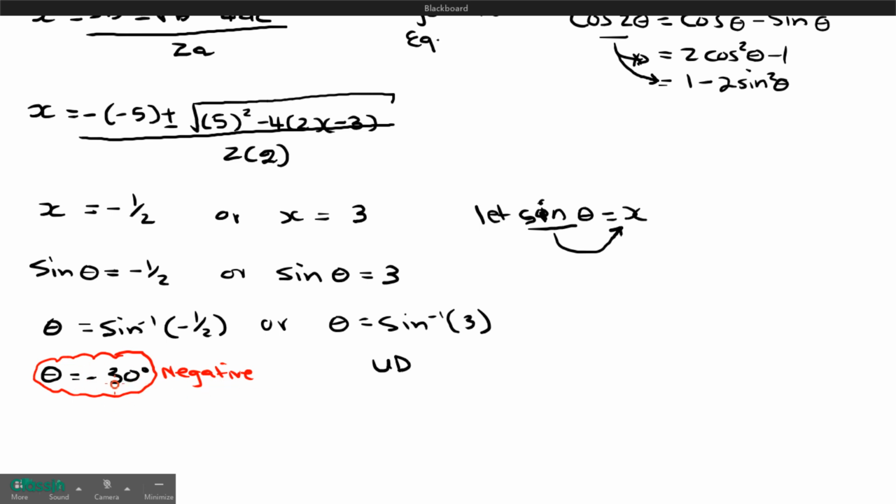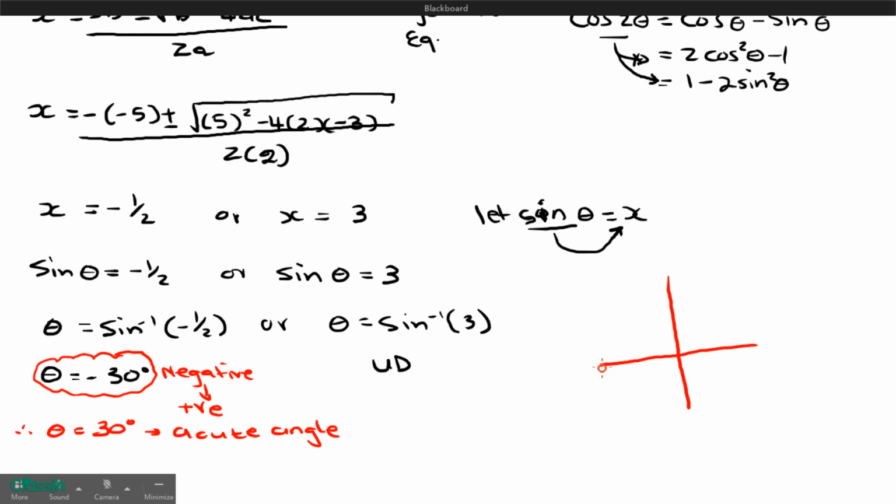Therefore, we must take this negative angle as positive. Then theta is equal to 30 degrees. And 30 degrees is our acute angle.